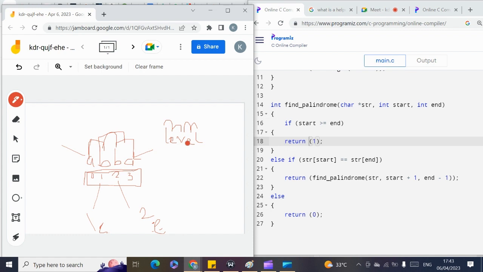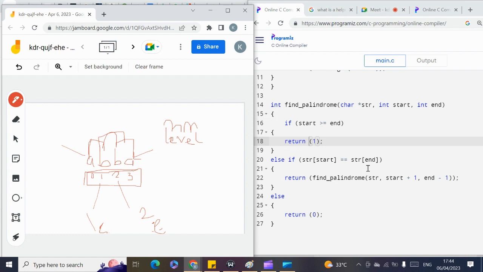Okay, so let's look at the else if function. This is kind of the beginning of the recursion. At first we hit this side, E hits this side, S hits this side.